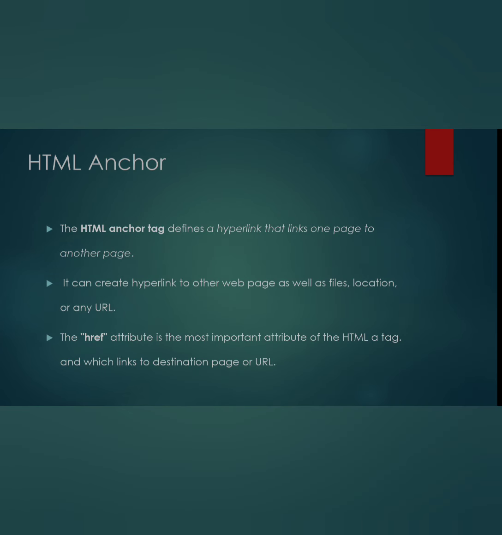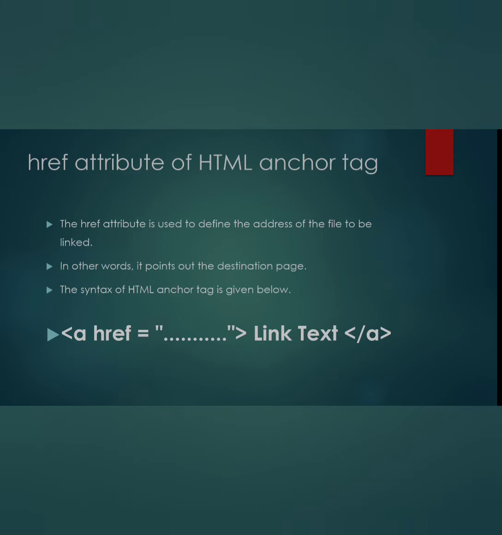Next, HTML anchor. The HTML anchor tag defines a hyperlink that links one page to another page. It can create a hyperlink to other web pages as well as files, locations or any URL. The href attribute is the most important attribute of an HTML a tag, and it links to the destination page or URL.